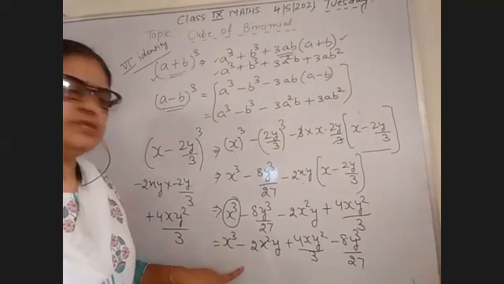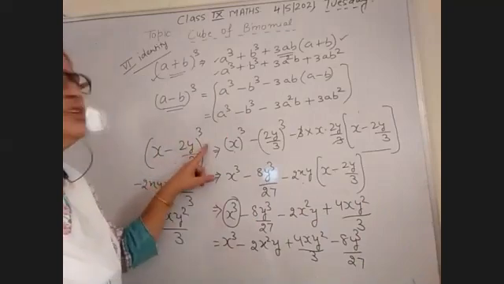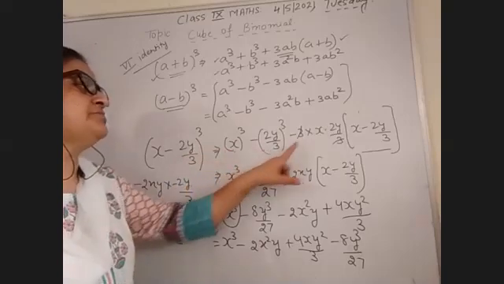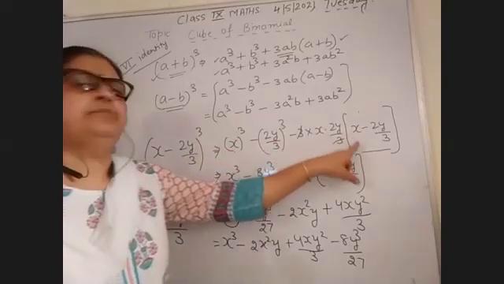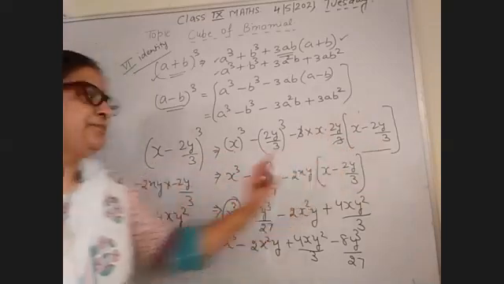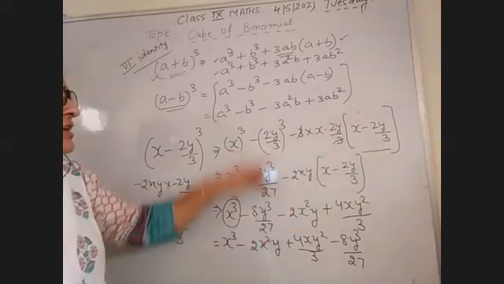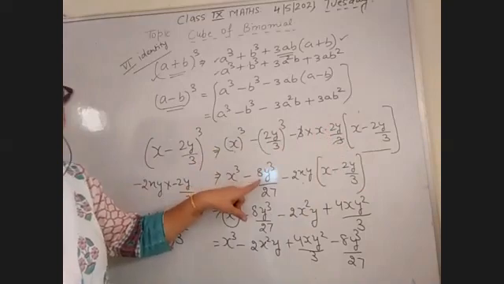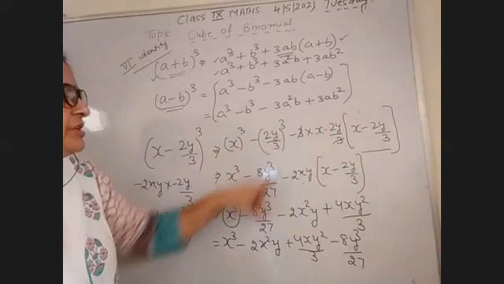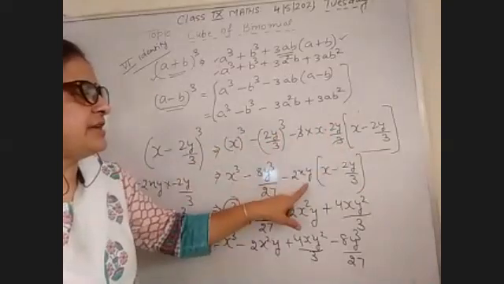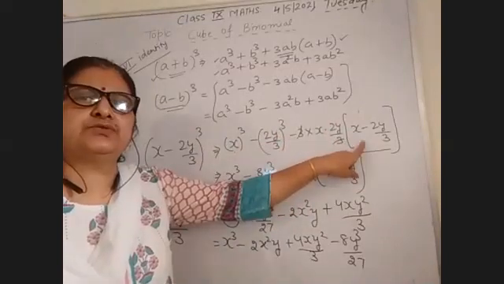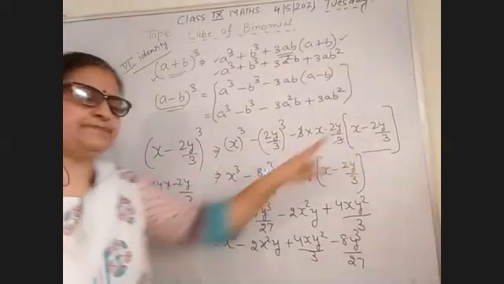Again I am repeating this question. When a minus b whole cube is given, it is equal to a cube minus b cube minus 3ab, in bracket a minus b. Then how will you solve further? 2y cube equals 8y cube and 3 cube equals 27, and cancel, it is equal to 2xy, and minus is given here, and in the bracket it is given x minus 2y upon 3.